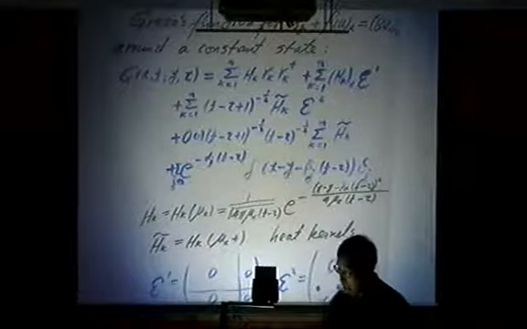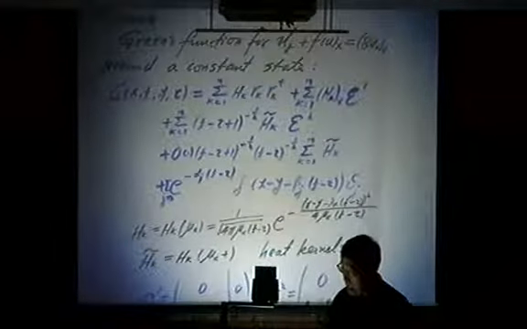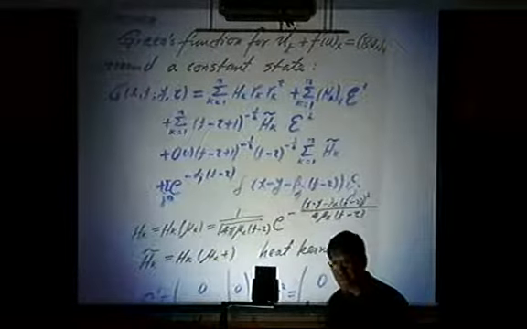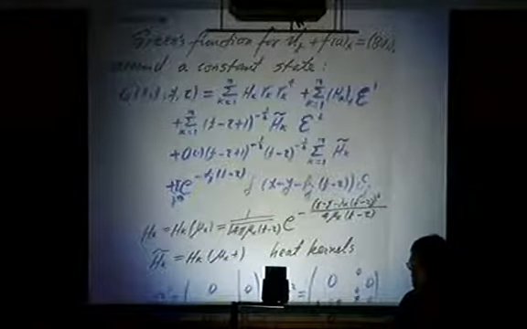And the parabolic part, of course, has some say. So this HK is the heat kernel, the heat kernel in the direction of lambda k.